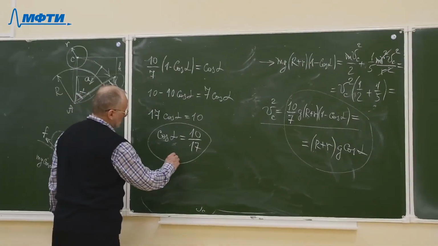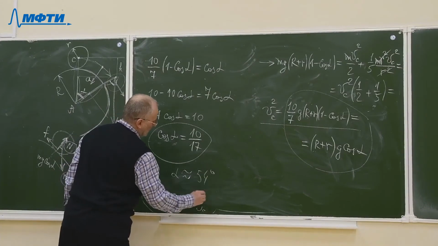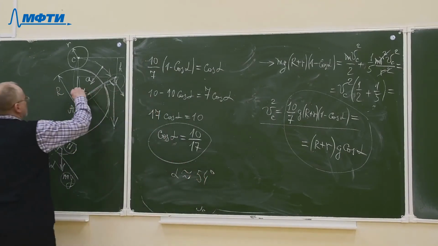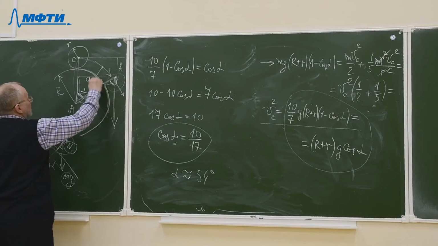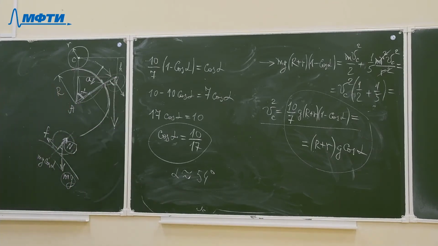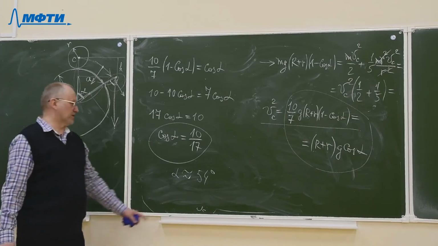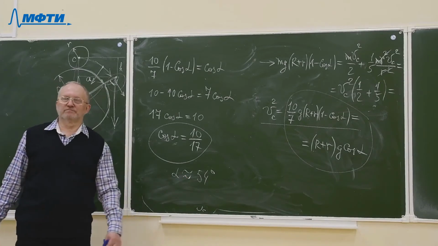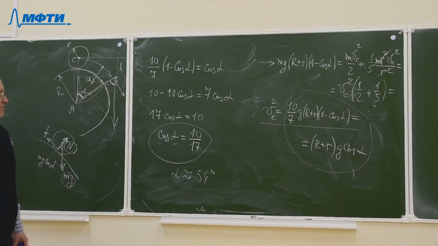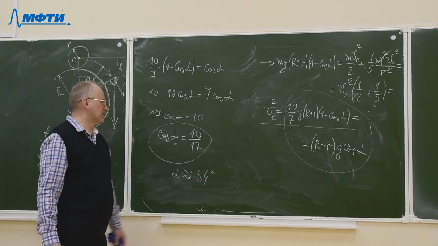This angle is approximately 54 degrees. So at approximately 54 degrees there will be a disconnection. I didn't look into more strict calculations.